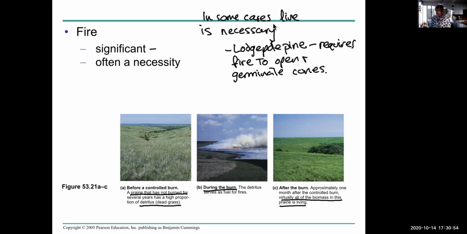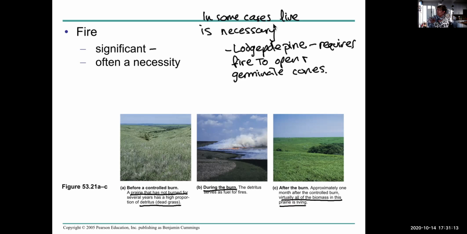And the ecosystems have been subject to fires for a long time, and as such have evolved to resist or adapt to the fires. So fires are a periodic thing in many different kinds of ecosystems.